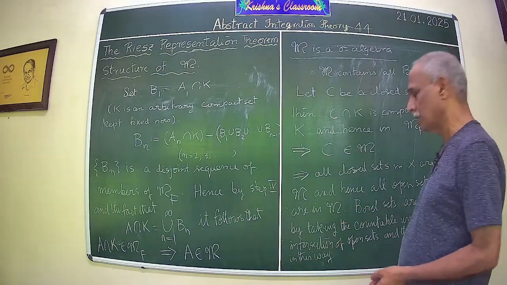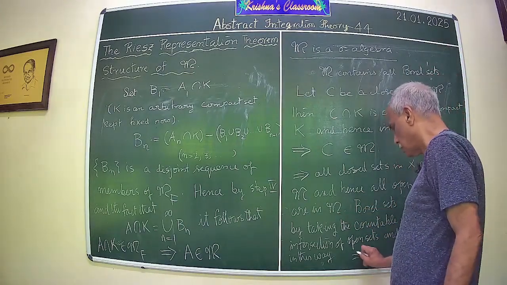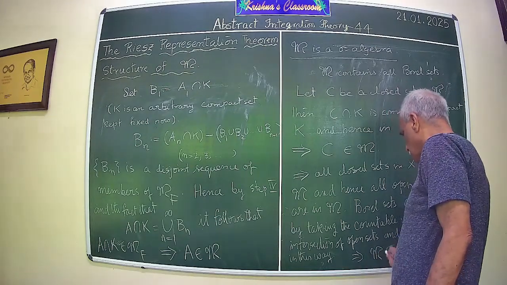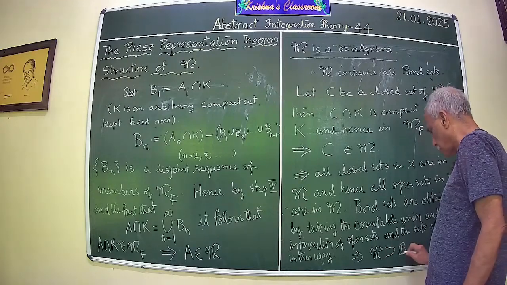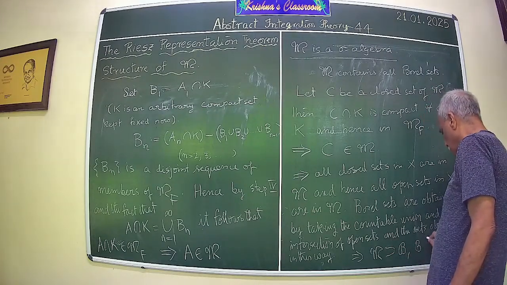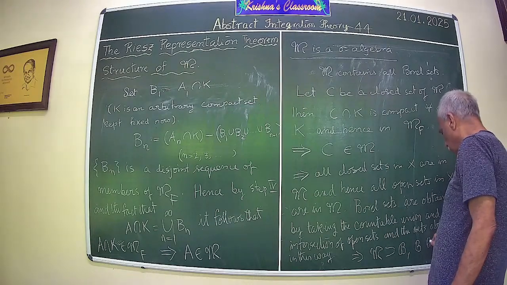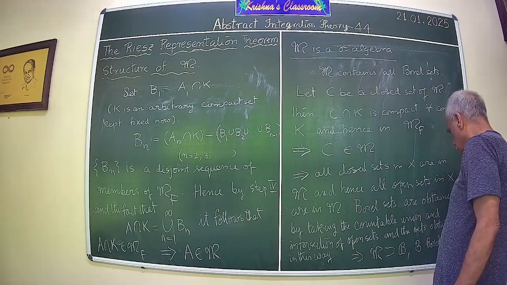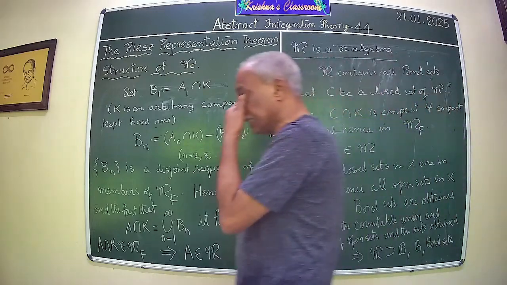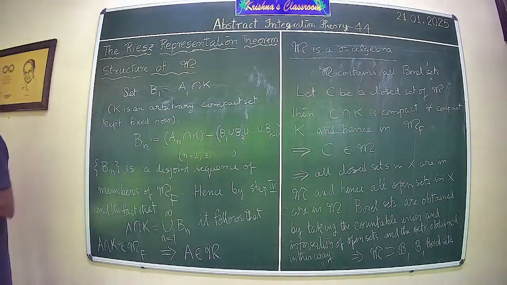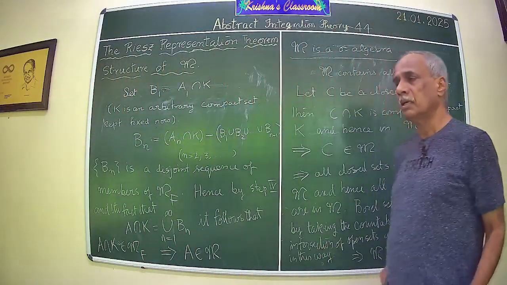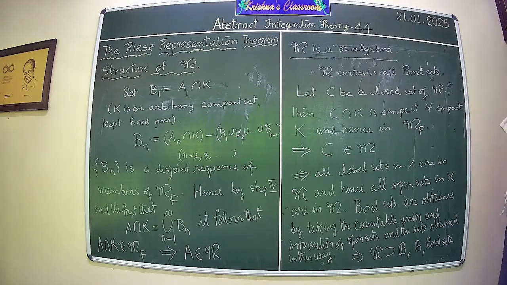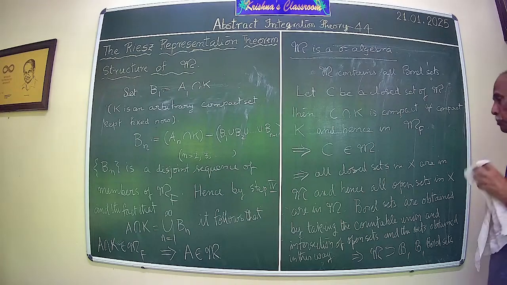Okay, therefore that is the outcome. So you get a very nice sigma algebra containing all Borel sets.